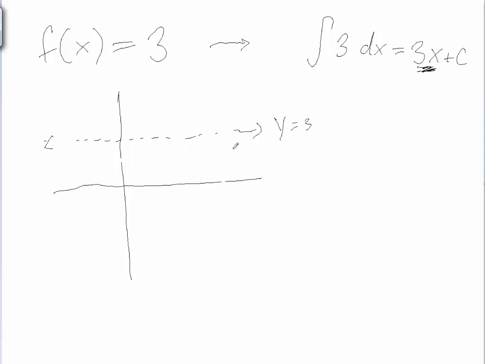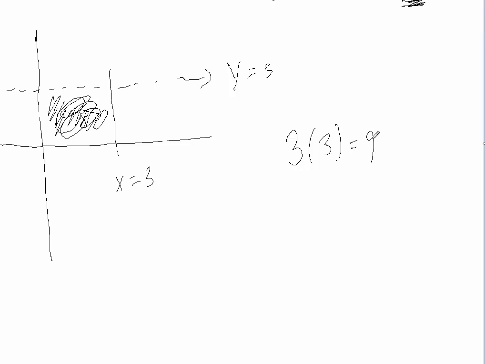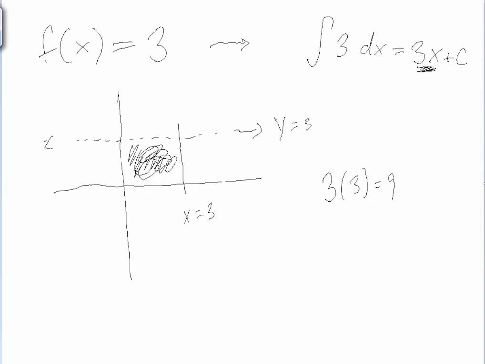Now let's take, say, another line. Here's the line x equals 3. Between 0 and 3, what's the area under the curve there? Well, it looks like length times width, 3 times 3, or 3 times that x value, or 9. So here it seems we can find the area under the curve by finding the antiderivative. The area will be 3x.